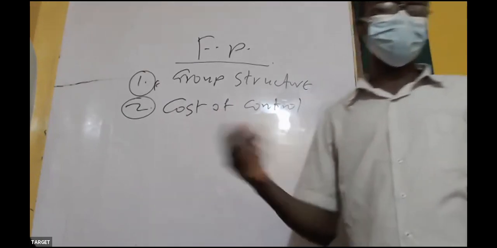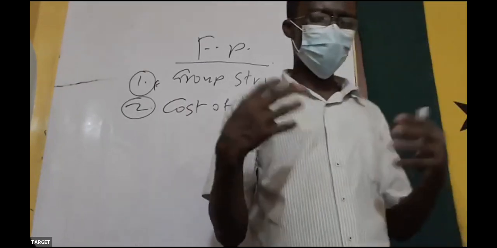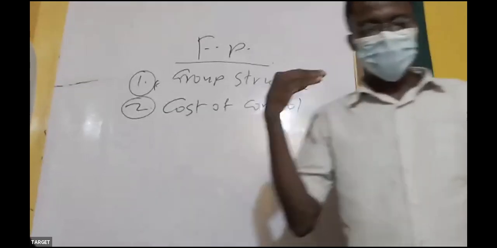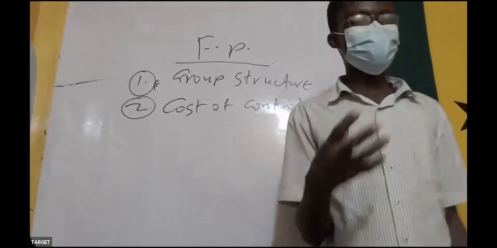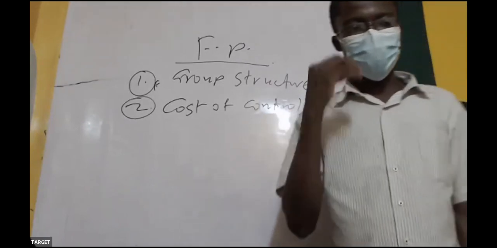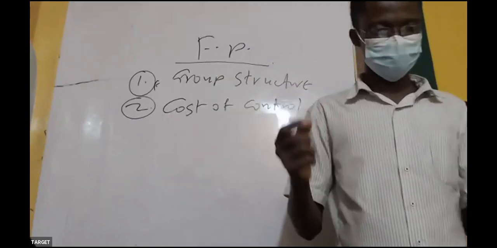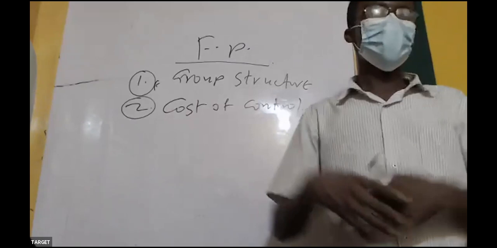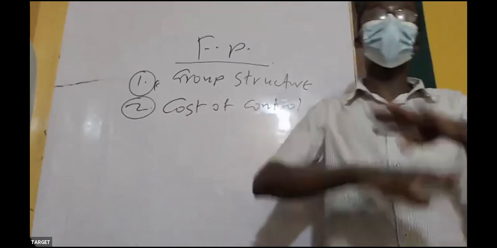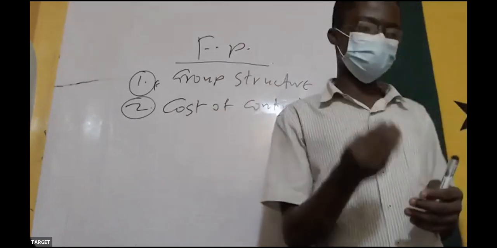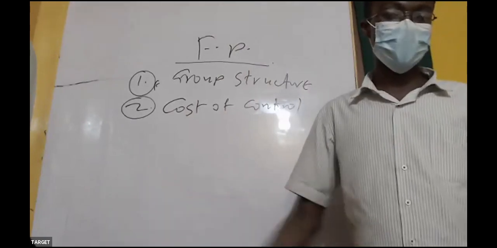Over here, what goes to consideration? Consideration or cost of control means the fair value of cash and cash equivalent, and the fair value of other consideration transferred to acquire the subsidiary. So in short, the total cost that the parent incurs in the acquisition of the subsidiary.